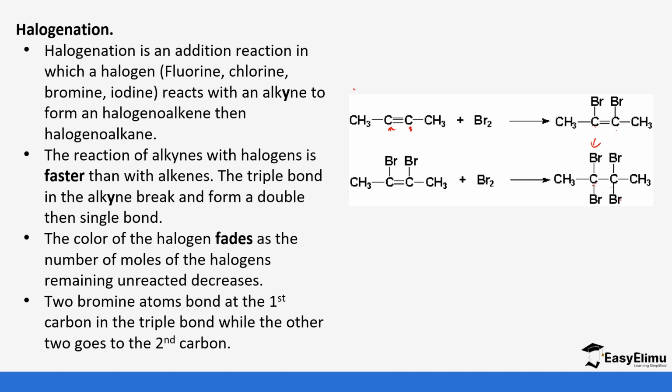So at the end of the day, we end up with four bromine atoms in the compound, and this is because it is adding simultaneously. This reaction is very rapid, as you can see, and it will be faster in comparison to alkene.